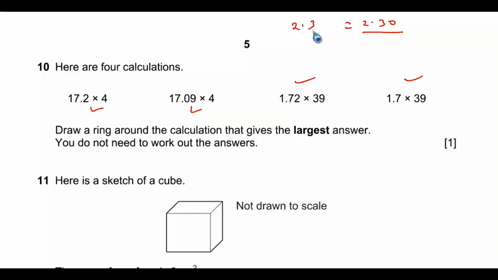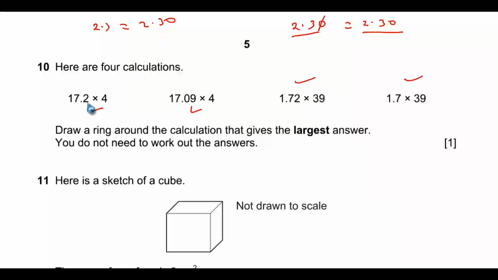So this is 2.3, which I can pronounce as 2.30 unofficially. And if you have 0 at the end of any decimal number, it doesn't count, so I can cancel it. So 2.3 is the same as 2.30.